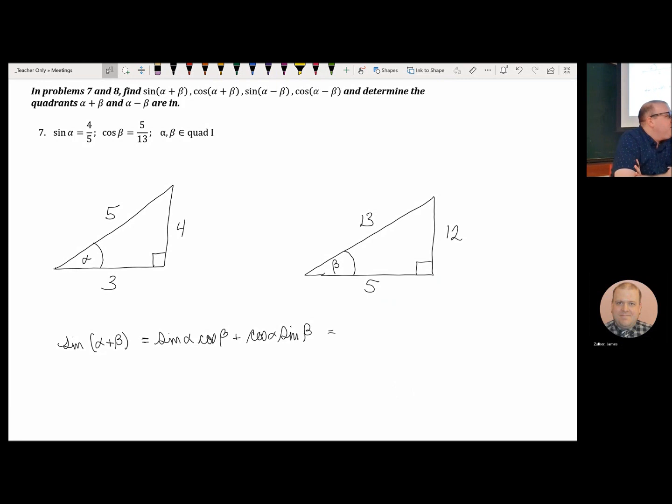Sine of alpha is 4/5, it's given to us. Cosine of beta. What's cosine of alpha?